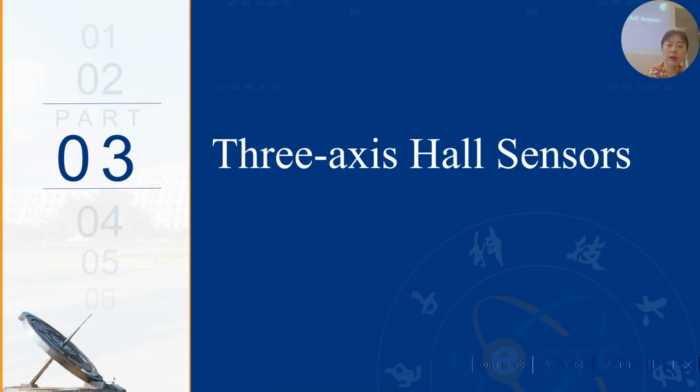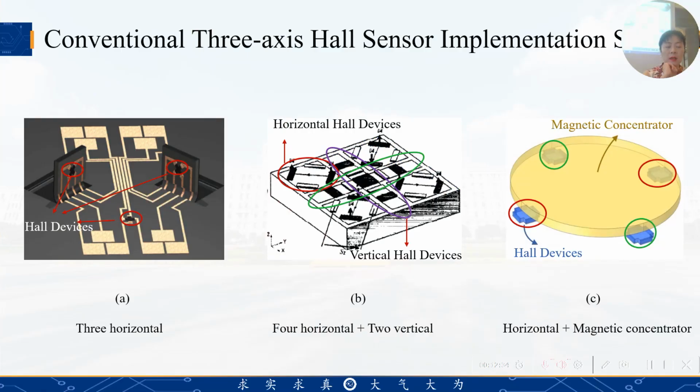And finally, we will introduce the modulation of the three-axis Hall sensor. The main function is to measure the angle. This is the conventional three-axis Hall sensor implementation. At first, three horizontal devices can constitute a three-axis Hall sensor. In the middle, 4 horizontal plus 2 vertical can also constitute a three-axis sensor.